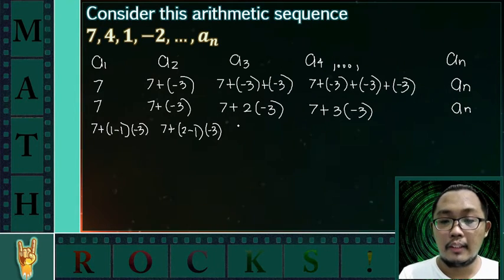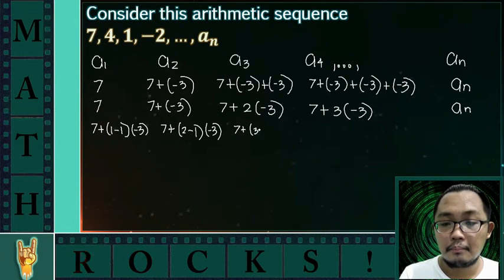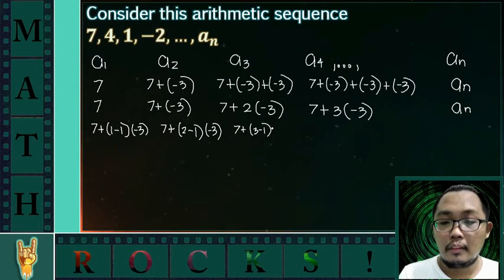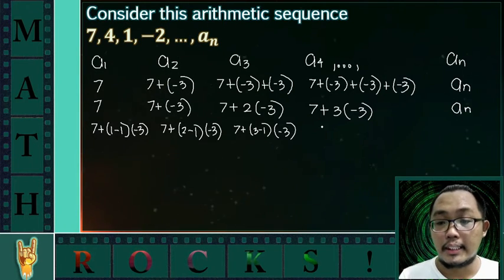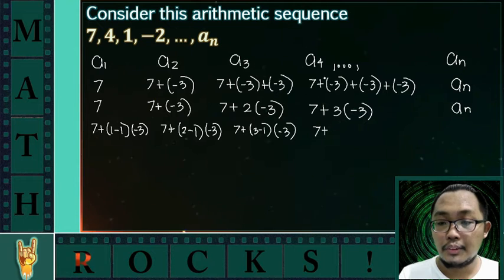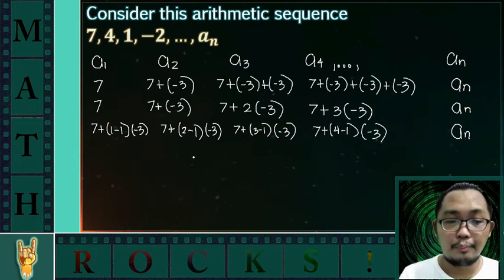While for the third one, we have this. So remember, 3 minus 1 gives us the 2. And then we multiply this with negative 3. So same goes for the rest. So 4 minus 1 gives us 3. And writing this, we have negative 3. While this one remains the same.